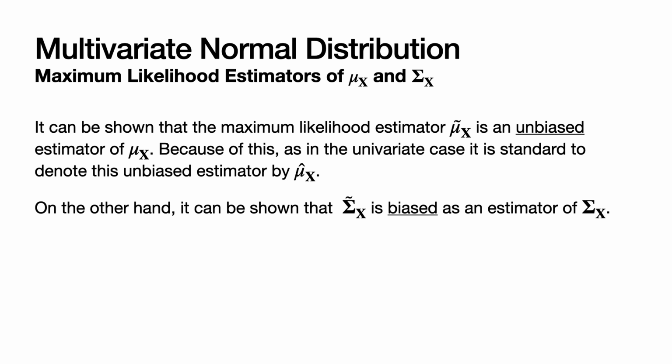Because of this, as in the univariate case, it is standard to denote this unbiased estimator using hat notation, μ hat sub x. On the other hand, it can be shown that Σ tilde sub x is biased as an estimator of Σ_x. In particular, the entries in Σ tilde sub x tend to be attenuated towards 0.